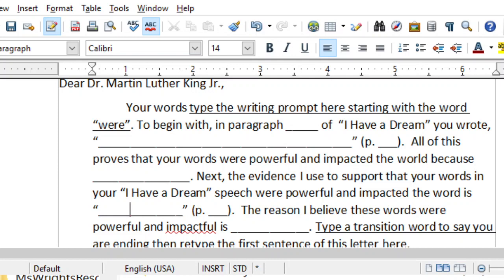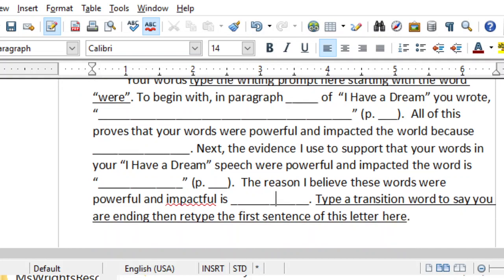Find a different sentence, a completely new sentence, and type it here. Tell me the page number where I can find this sentence. And this is the sentence you chose because you think it's powerful and it impacted the world. You're going to type it right here and put the page number of where I can find it right here. And then give me the reason why you think the sentence that you typed right here is powerful and impactful.